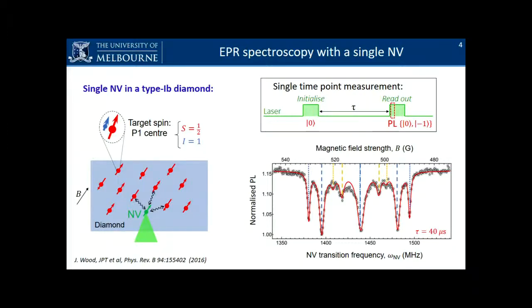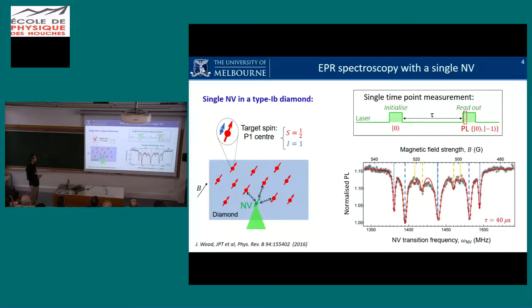So a very basic experiment to illustrate the concept, done in a quite boring system, which is the P1 center in diamond. We take a type 1b diamond and we look at a single NV center, and we have all those substitutional nitrogen impurities in the diamond, so-called P1 centers. And the experiment is done as follows.